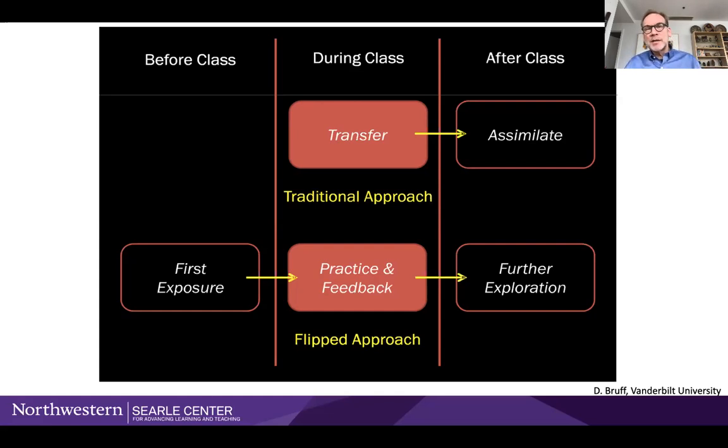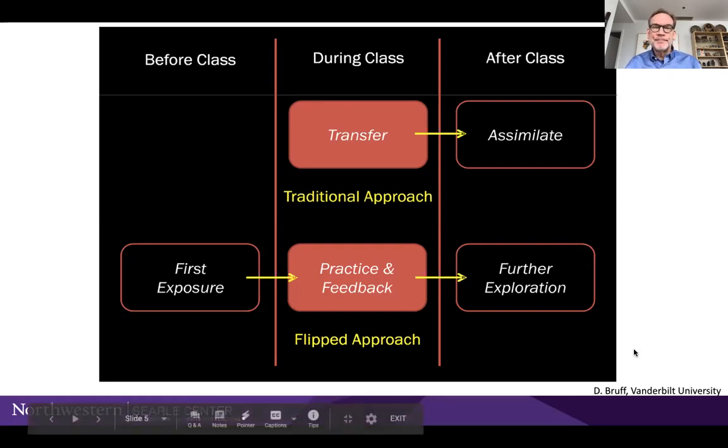And so when they come to class, it's not the first time of exposure. So class can be more around practice and feedback, open discussion, digging deeper into the content, embellishing it with your expert advice and with small lecture pieces of your own, but also a place where students can come together and see what they experienced and be guided by you, the expert instructor. After class, you can test knowledge, you can do more practice, you can also allow them further exploration.